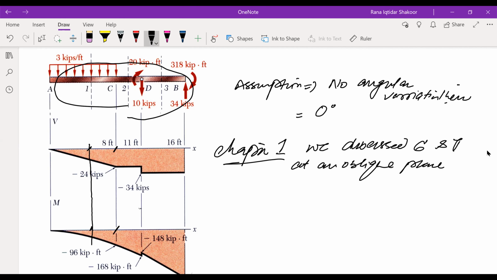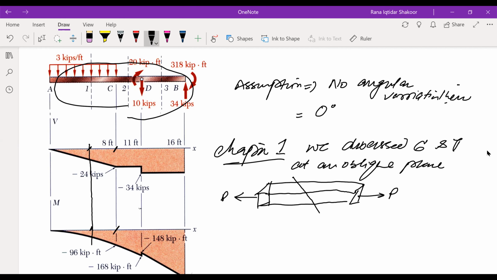If you remember, we had this sort of setup, and we applied a P over here, that is a tensile load, and then we cut at this section at a particular angle, and then we drew different stress conditions in terms of normal stresses as well as shear stresses.